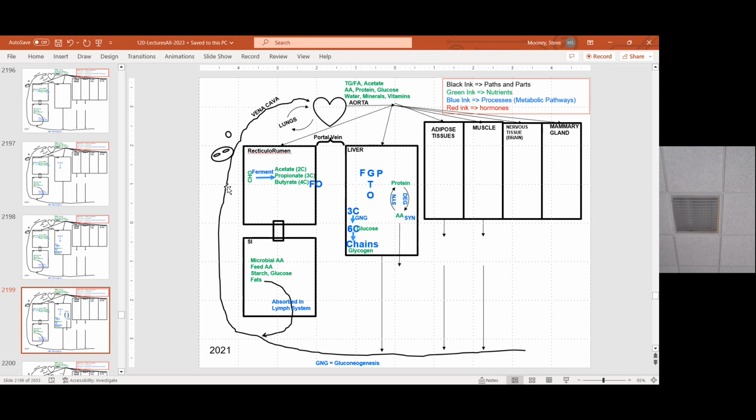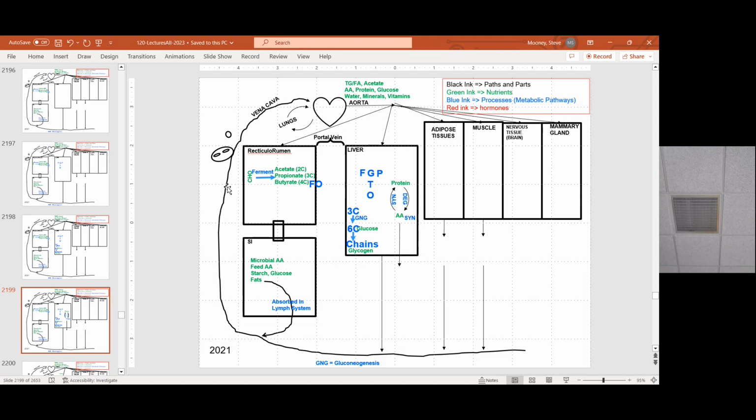So it will create amino acids to put into that pool. And that pool can be used to create protein. So the liver's got a pool of amino acids to work from. Some of them are going to come from liver synthesis. Some of them are going to come from the diet to create the proteins that the cow needs.